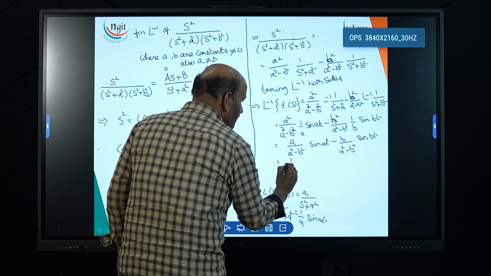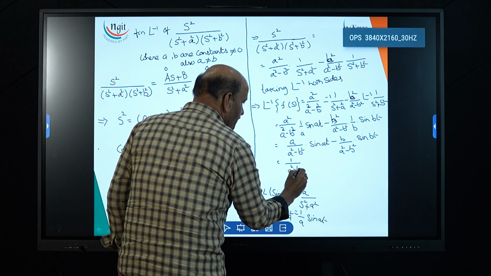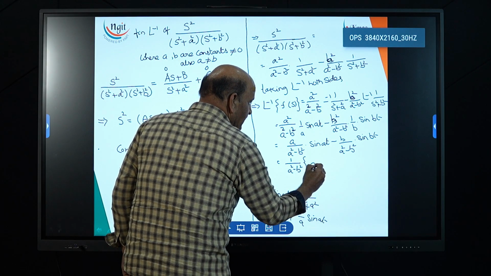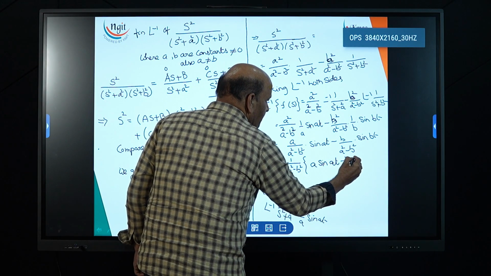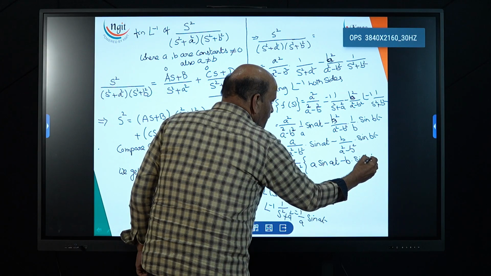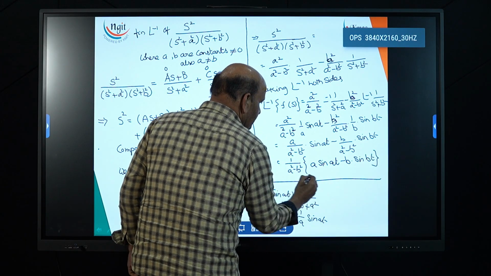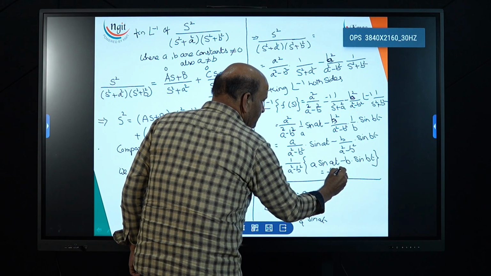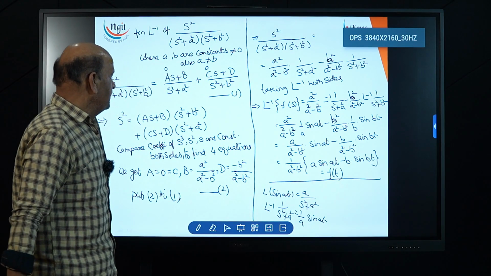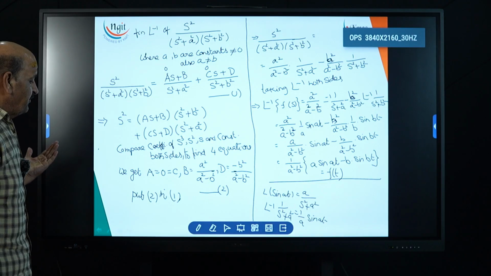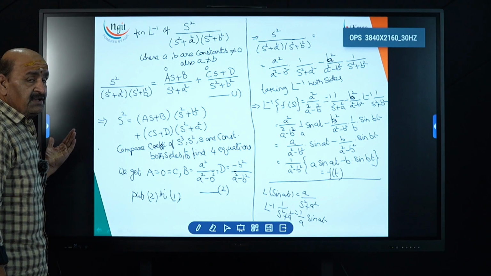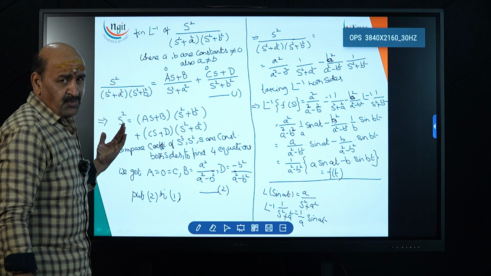Now taking 1 by a square minus b square common on both sides, we will get a sin at minus b sin bt. Now just look at, this is equal to f of t. Understanding? This is equal to f of t. So this is the way of solving this inverse Laplace transformation problem.